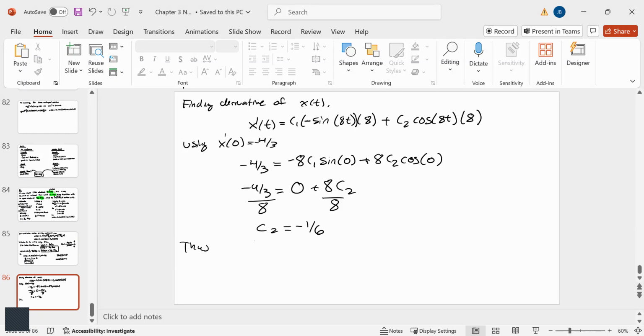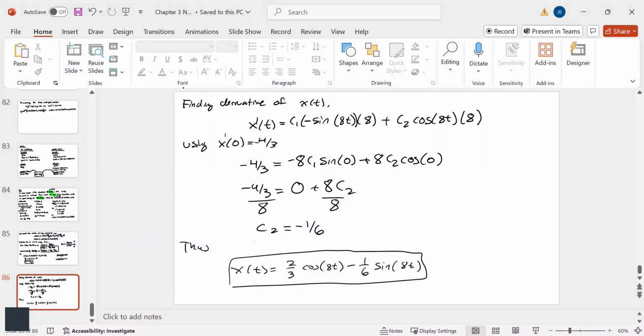Thus, our equation of motion is equal to 2/3 cosine 8t, 8 times t, not 80, minus 1/6 times sine of 8 times t. And there it is. That's our equation of motion.